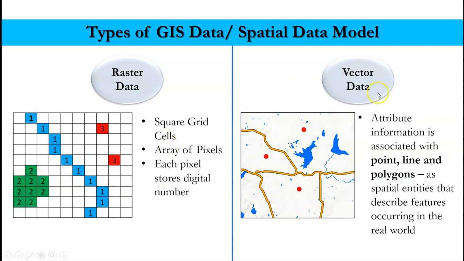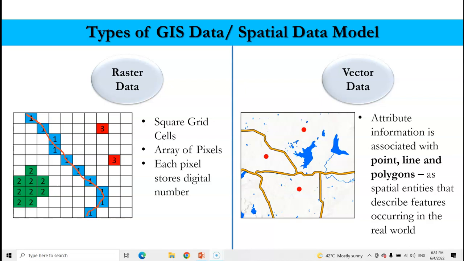But in vector, we digitize the point, line, polygon over the raster data, like a drawing. Like here in the raster, you can see the pixels. But if I'm just drawing a line here, like a drawing, this is like I am digitizing a line to extract the river.